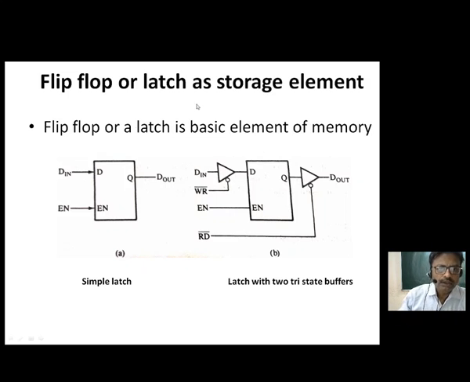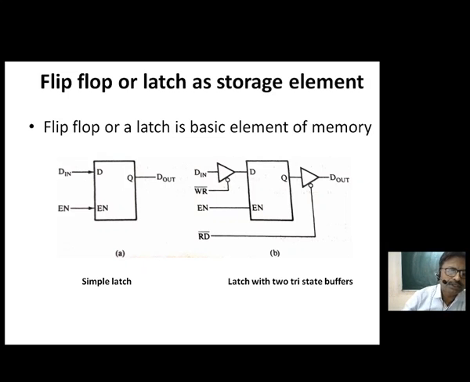Now this is another circuit which is also known as a latch, but this latch is using tri-state buffers. And why do we use these tri-state buffers? Just to avoid unintentional changes in the input and the control, and to control the availability of the output. Now we have two tri-state buffers, used on the input side as well as on the output side.